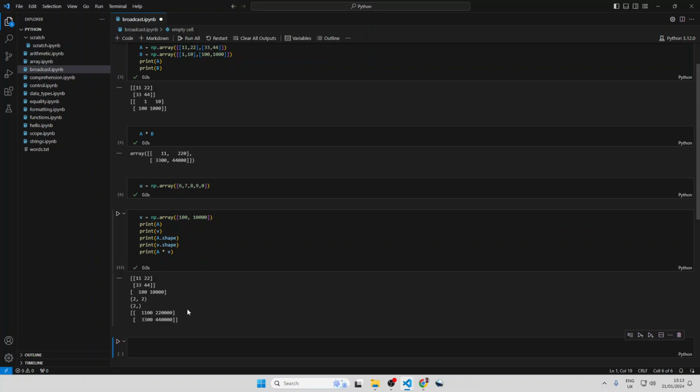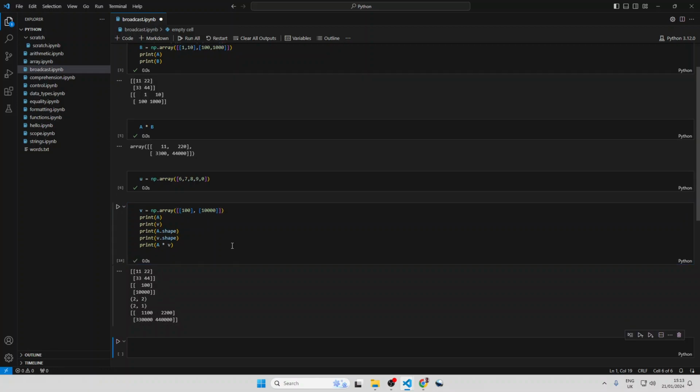And so what happens if we wanted to do it the other way around? If we wanted to multiply the first row by 100 and the second row by 10,000. What we could do is make V a column vector, so it's a column vector of shape 2 by 1.